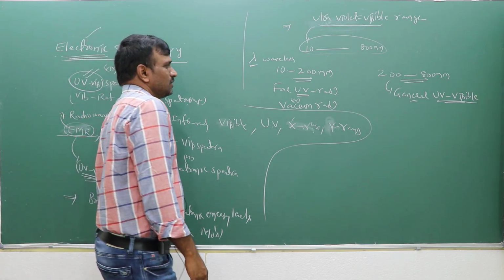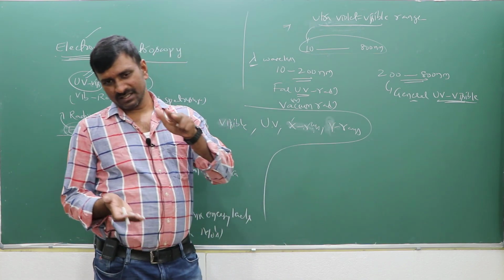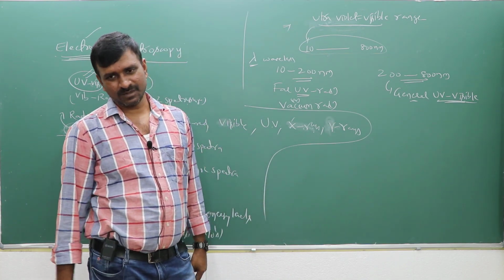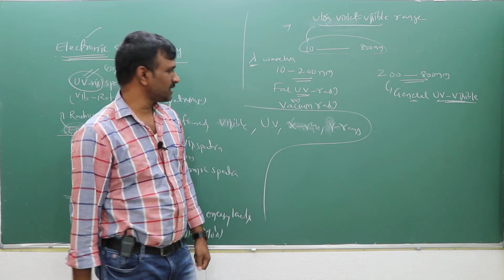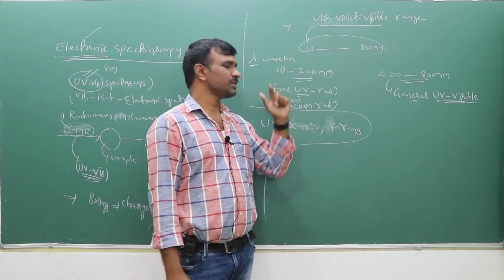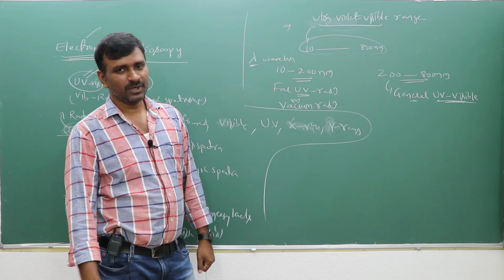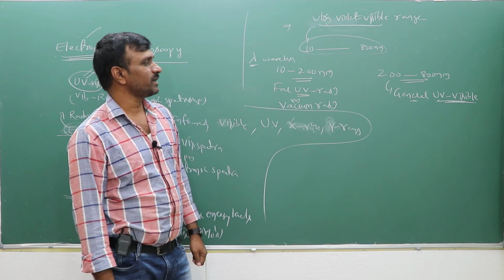Far UV or vacuum UV radiation will be used particularly for sigma electron systems, saturated molecules, in the sigma to sigma star transition case, using the 10 to 200 nanometers range. I can explain later in which cases far UV or vacuum UV is used.